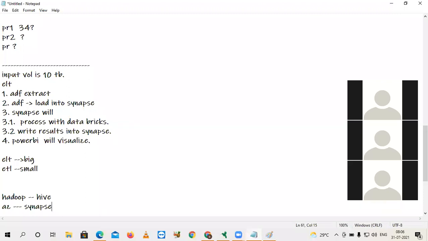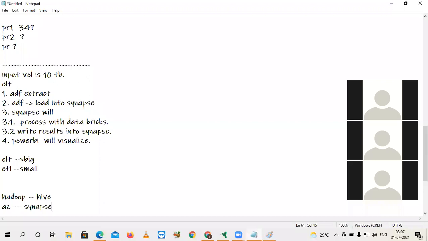All the remaining data is unstructured and semi-structured, like images, videos, audios, even texts, logs, and many more. Such kinds of things I will store in the data lake. Sir, why can't we use Delta Lake? Delta Lake is the latest one. It's just the latest one.